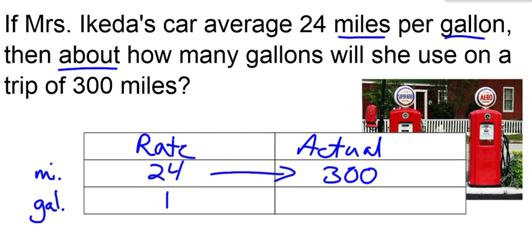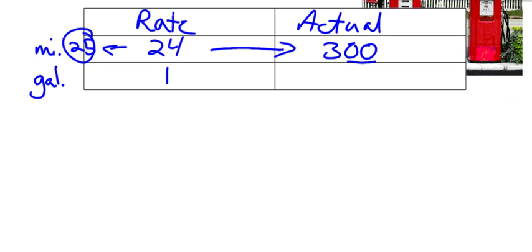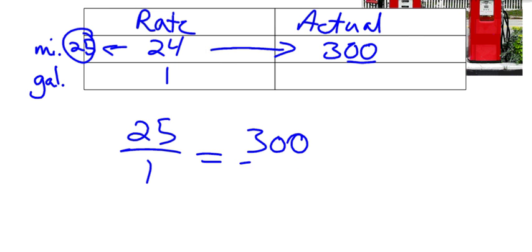So I'm going to transform 24 into 25, because I know that 25 works well with hundreds, since 25 cents goes into a dollar, which is 100 cents. You still might not be able to determine the relationship, but it allows us to set up our problem to cross multiply and divide.